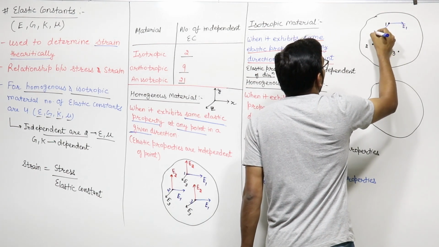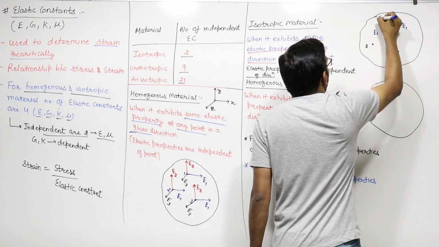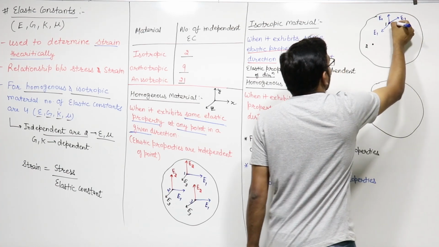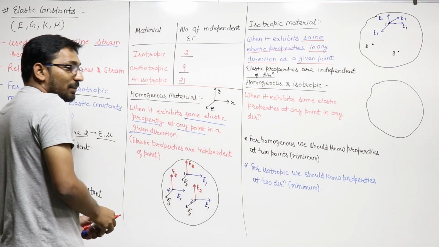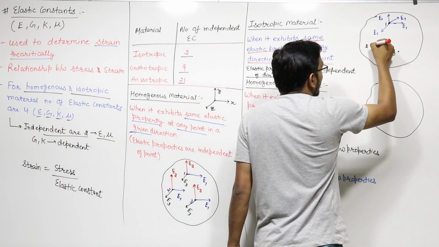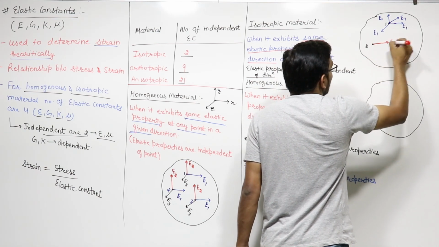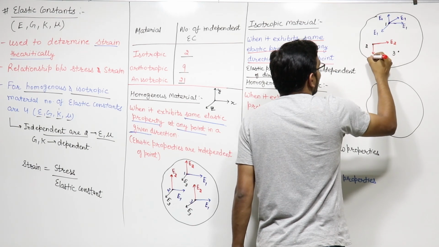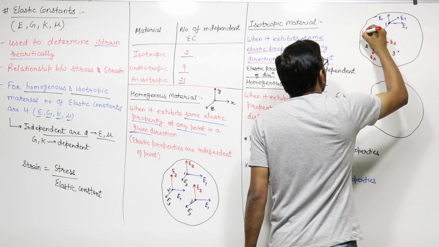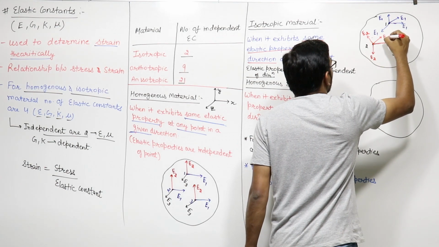When you change the point, suppose we came to point 2, the property value will be changing, but in any direction the value will be same, that is E2.